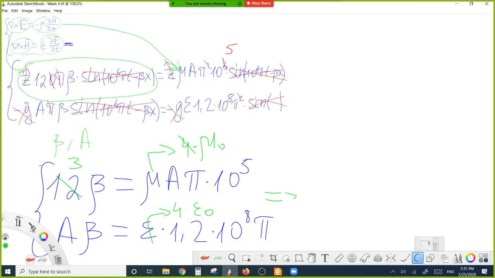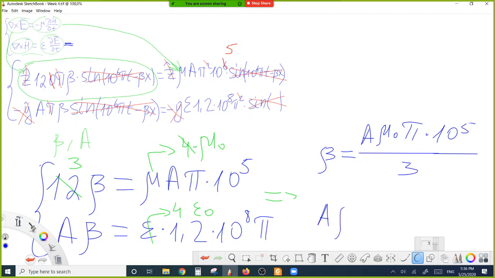Okay, what we have now? We have beta, which is equal to a mu 0 p 10 to the 5 over 3, and here a multiplied by beta equal to 4 multiplied by 1.2 multiplied by 10 to the 8 multiplied by epsilon 0 multiplied by p.